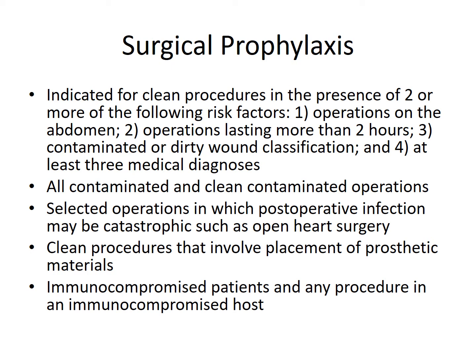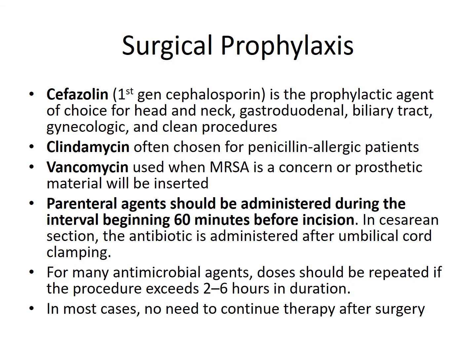Other cases where you're going to use surgical prophylaxis are when infection is catastrophic, such as when you're inserting any sort of foreign material, or whether you're in the brain or in the heart or some organ where infection is going to be really difficult to treat. And then patients who have significant immunocompromise.